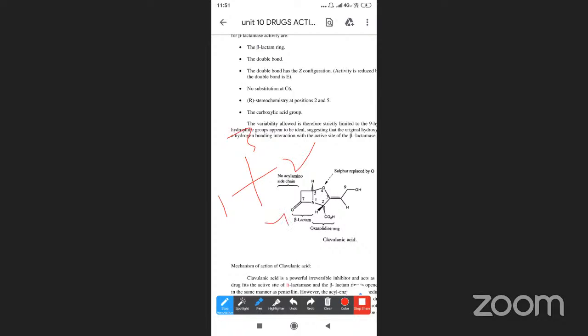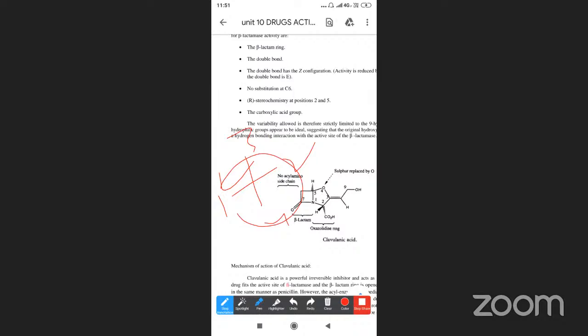For example, 1, 2, 3, 4 is there, just assume, right? Then you go clockwise or anti-clockwise, right? You trace all the numbers in chronological order, like 1, 2, 3. If you get the clockwise rotation, then it is R configuration.